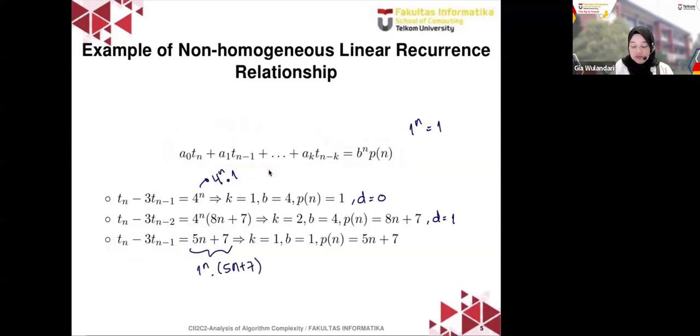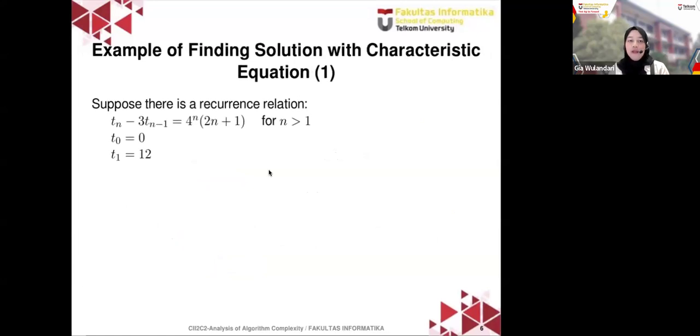That's why we have 1 as b, and the polynomial is 5n plus 7. And the highest subtraction in the index is 1. So we have the degree of the polynomial is 1. Okay, if you have any question, please feel free to raise your hand or just interrupt me, okay?